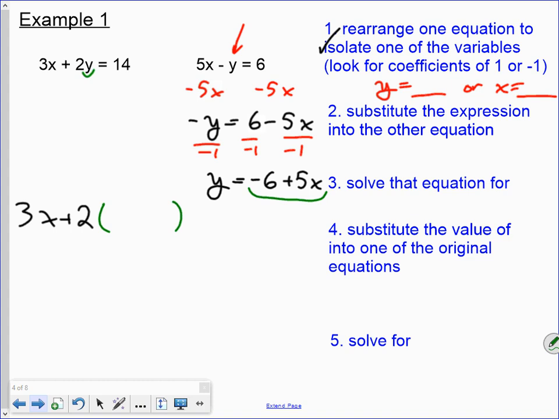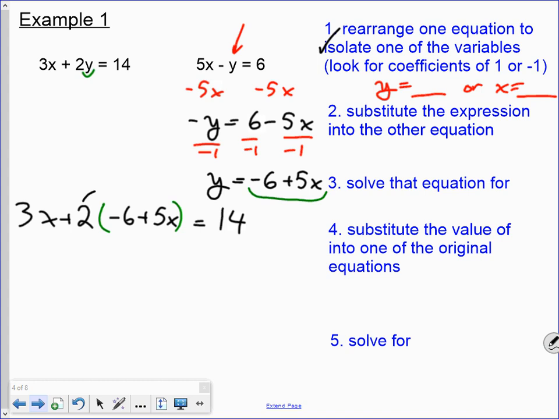All right, 2, and we're replacing that y with a negative 6 plus 5x. Okay. Now, in this case, we've got this 2 out in front of those brackets. So our first step to solving this equation, because now we just have an equation with x here, is going to be to use the distributive property.